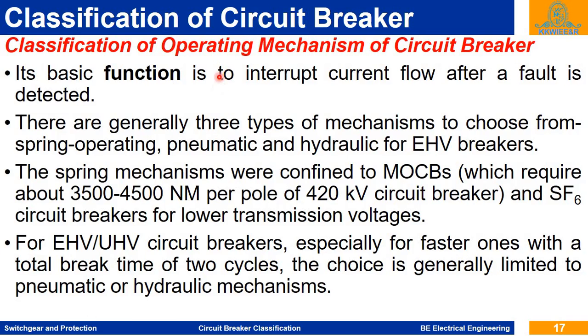Based on the operating mechanism, we'll see the various types or classification of the circuit breaker. The basic function of the circuit breaker is to interrupt the flow of current in the fault condition or abnormal condition, when the fault is detected by the protective relays, and the protective relays give the tripping command to the circuit breaker.